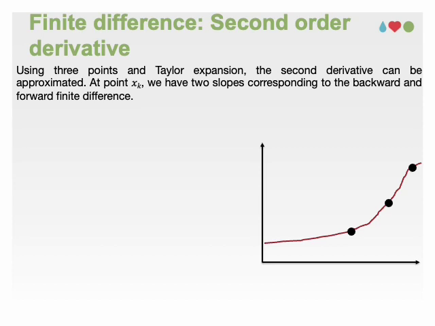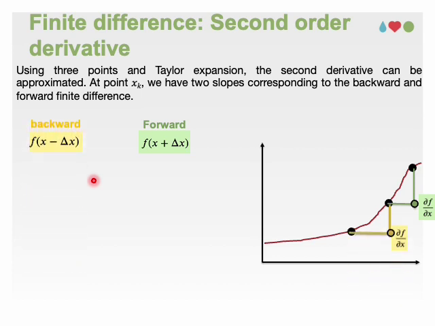So far, we have discussed slopes or first order derivatives. We can extend this idea to higher order derivatives, specifically the second order derivative, by using values of the backward and forward derivatives as shown in this figure with different color codes. The yellow color represents the backward difference and the green color represents the forward difference.